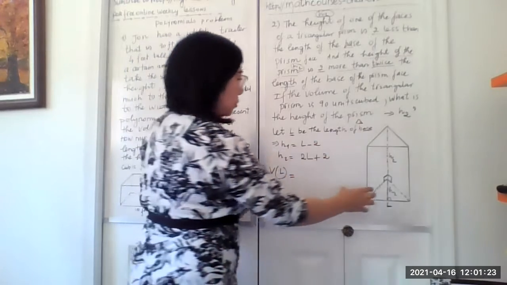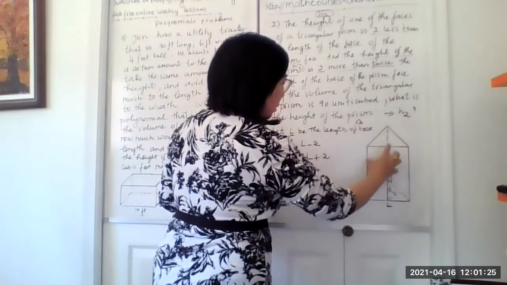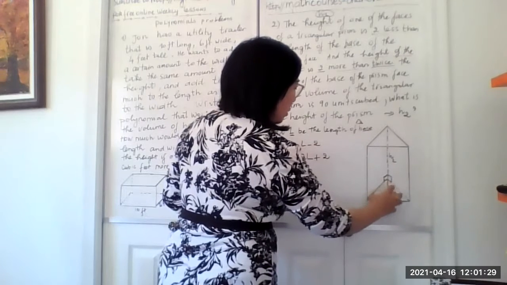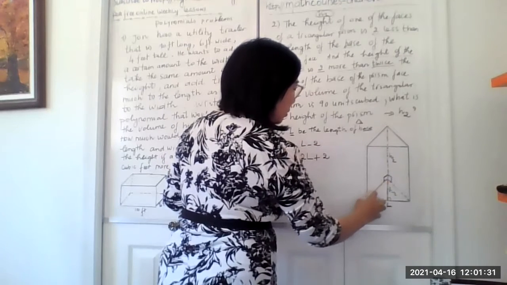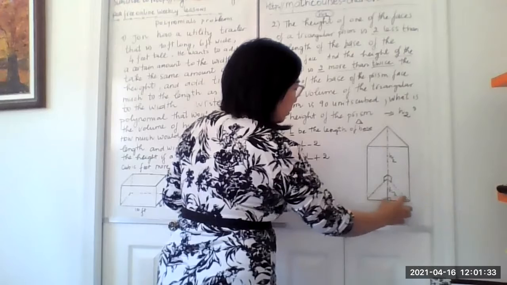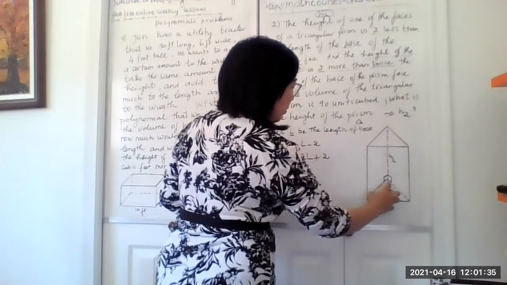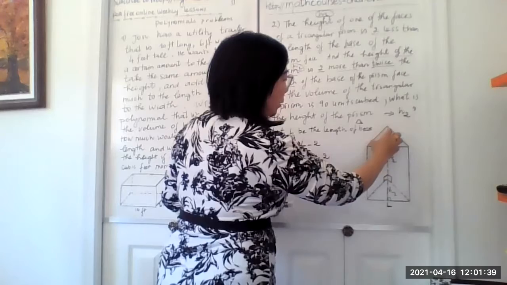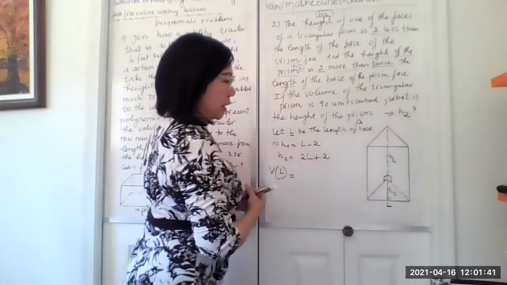The volume formula of a triangular prism says that if this is a triangular prism, then we will use the area of the base, which is the area of this face, the bottom here, or the area of the top. It doesn't matter, they look exactly the same.